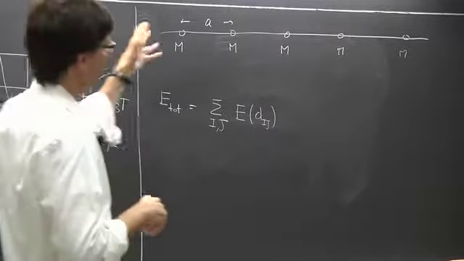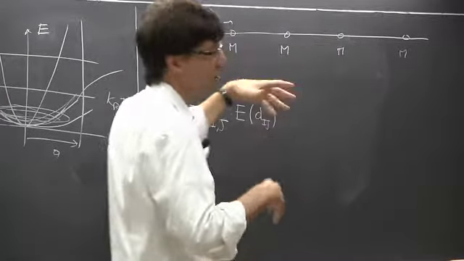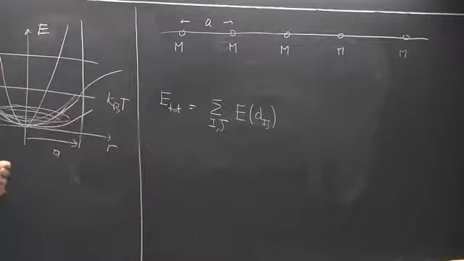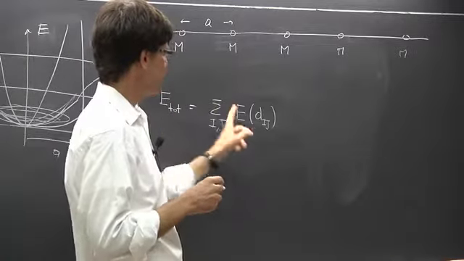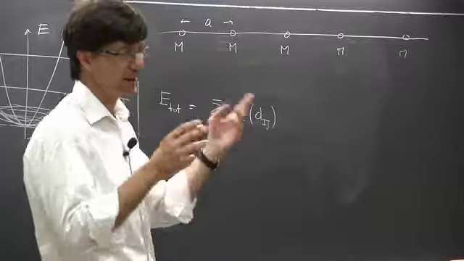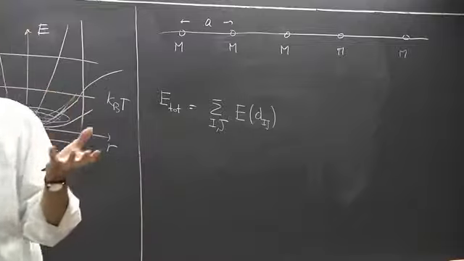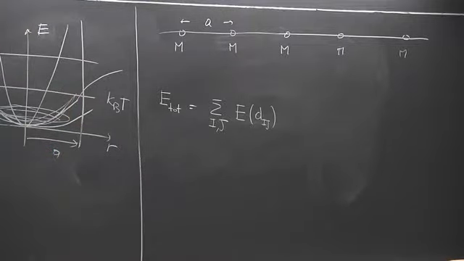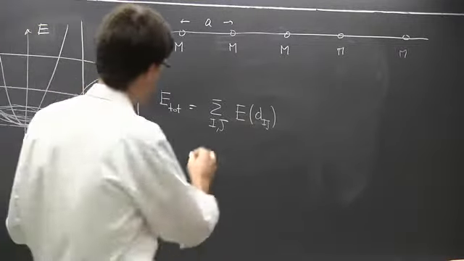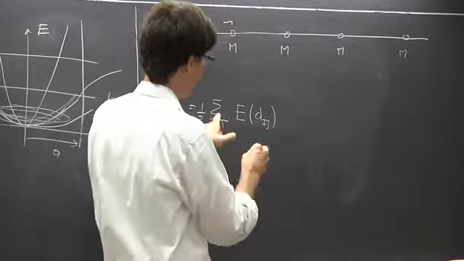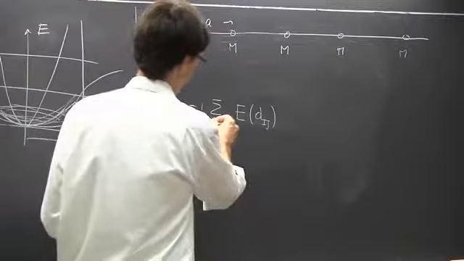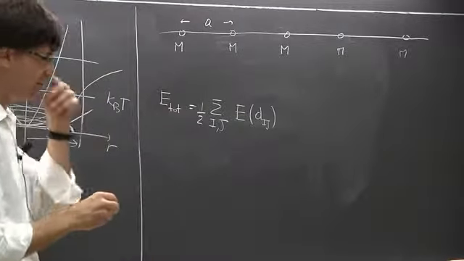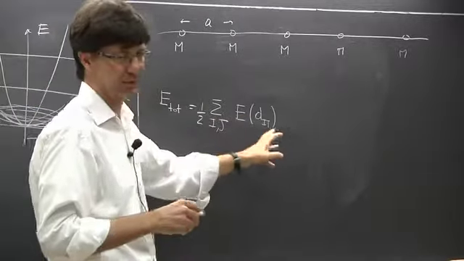If I put together an infinite number of, or a collection of atoms, I can, within some approximation, state that the total energy of my system is the sum of all the interaction energies between all possible pairs of atoms in my system. Actually, I need to put the 1/2 here if I'm summing over all i's and j's, I need to make sure I don't double count the energies, right?